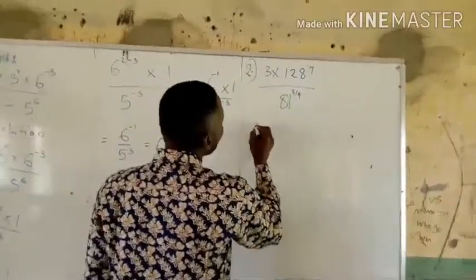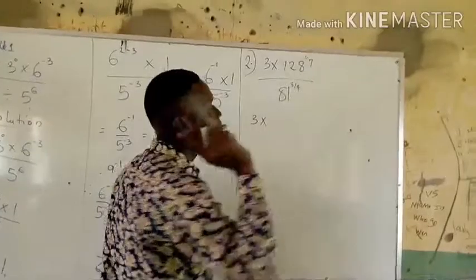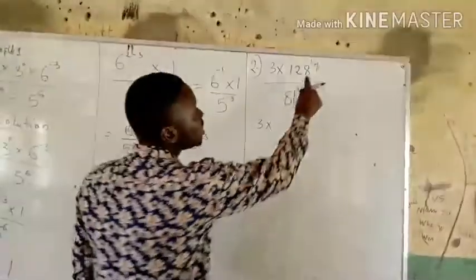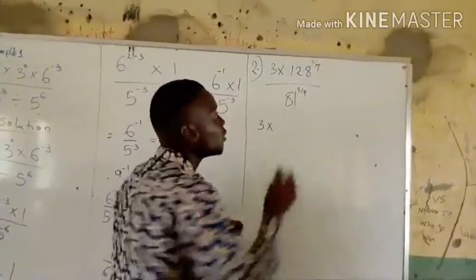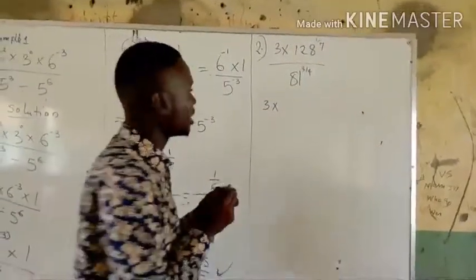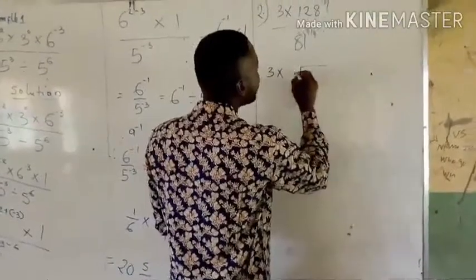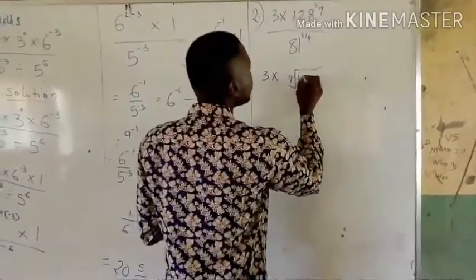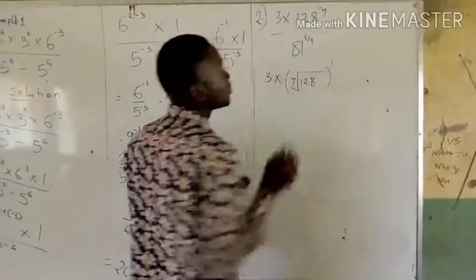We say 3 times, from our law of fractional power, we said this denominator will give you the root, while the numerator will give you the power. That is to say, we are going to have the seventh root of 128 all raised to power 1.